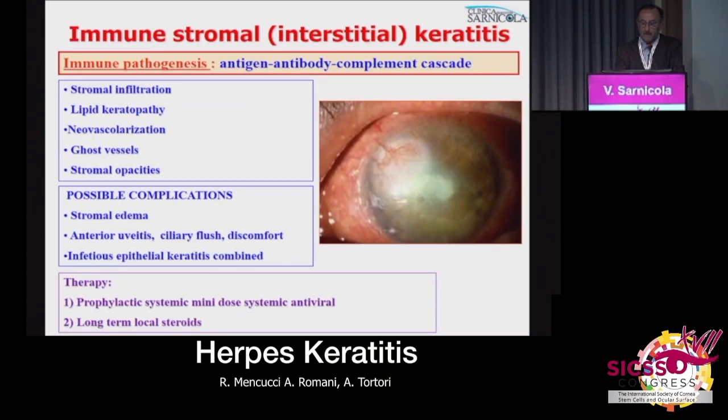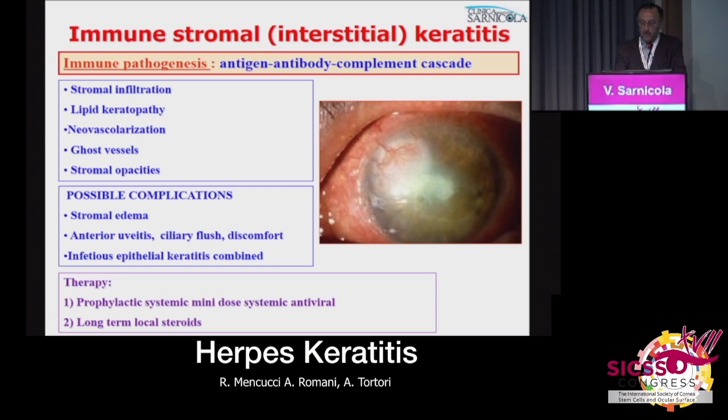Otherwise, there is the stromal form which is shown here, where the lesion is maintained by the conflict between the antigen-antibody complement cascade, which maintains a stromal involvement.